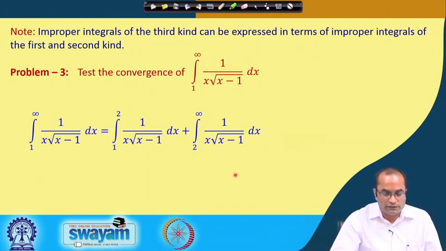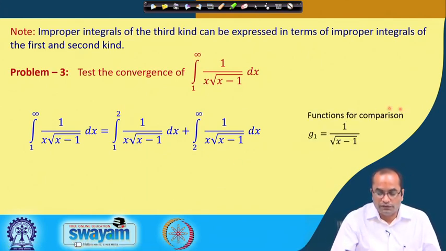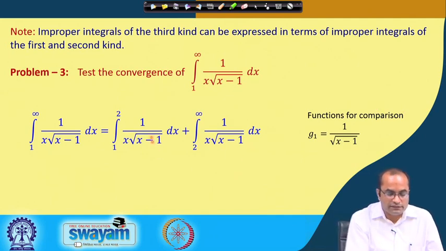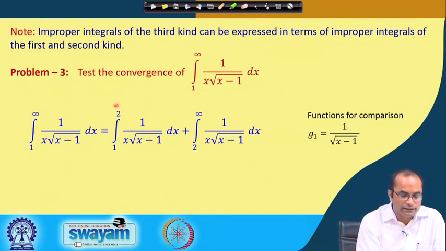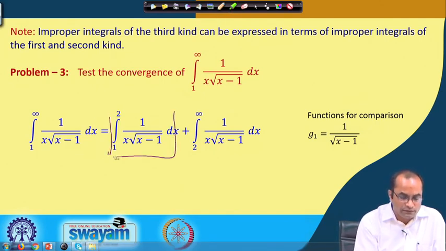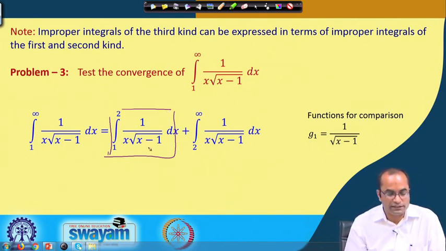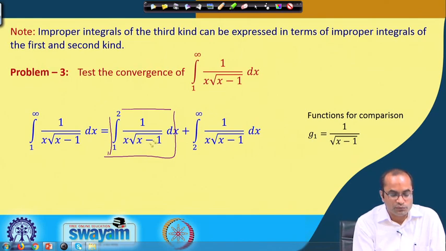For the convergence we will use the comparison test, and we discuss the first integral first. We will take the function 1 over square root of x minus 1, and the reason is clear. In the first integral, the integrand 1 over x square root of x minus 1 becomes unbounded when x approaches 1.